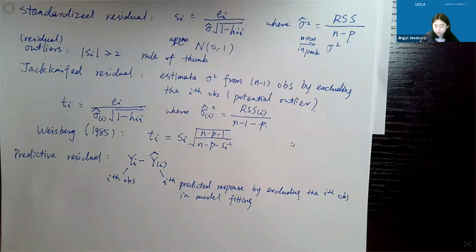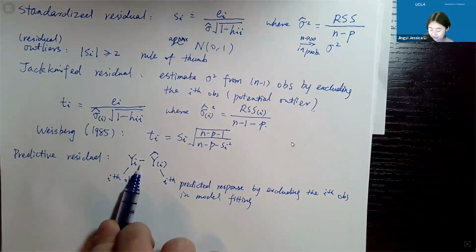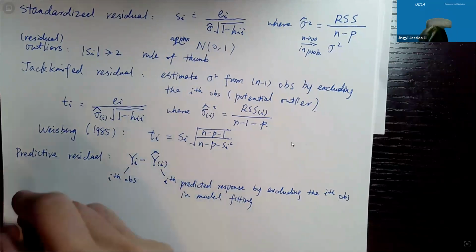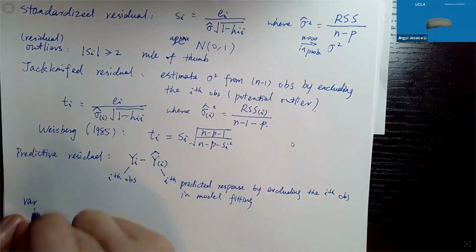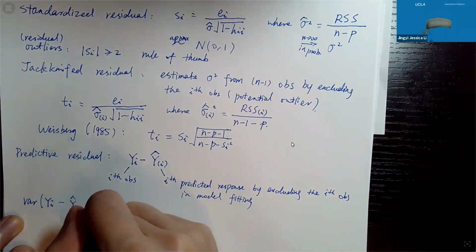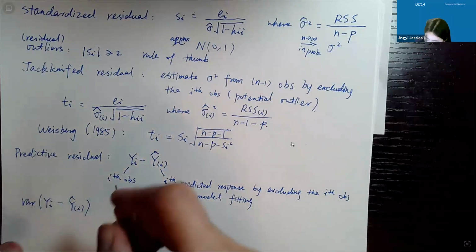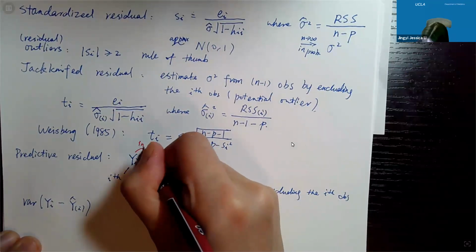Okay, so one interesting thing to see is what is the variance of this predictive residual. And we can do the calculation quite easily now. The reason is these two things are independent. So why are they independent? This is the question for you to think about.